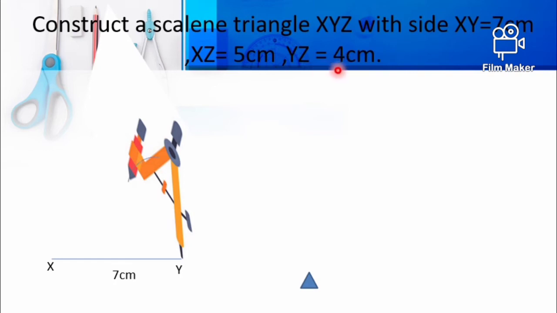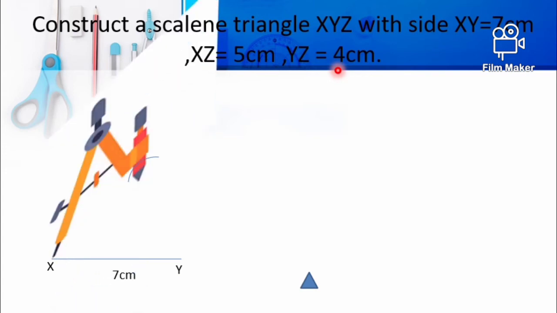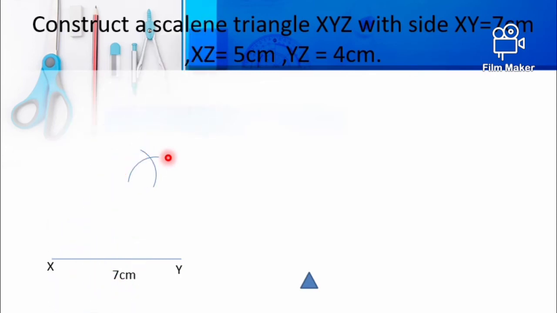This is an arc of 4 centimeter. Then X as a center, draw another arc of 5 centimeter. We will open the compass to 5 centimeter and draw another arc of 5 centimeter which cuts the previous arc at point Z.